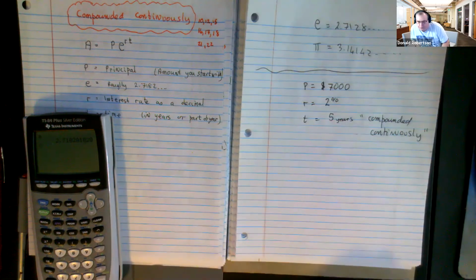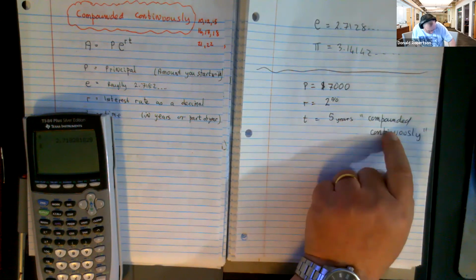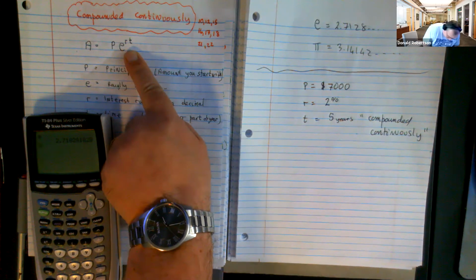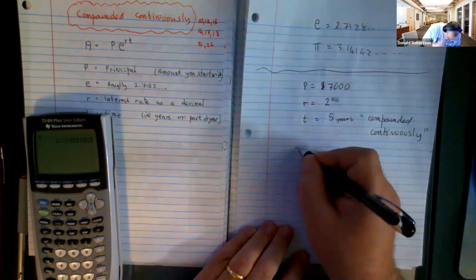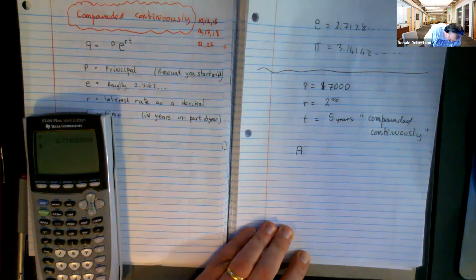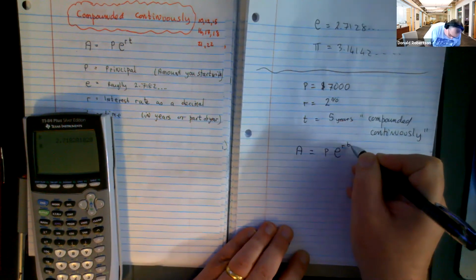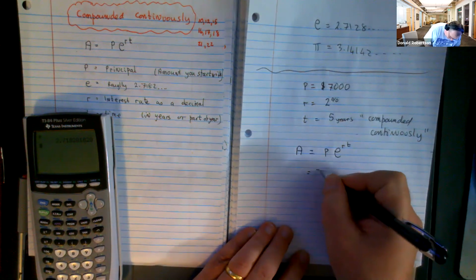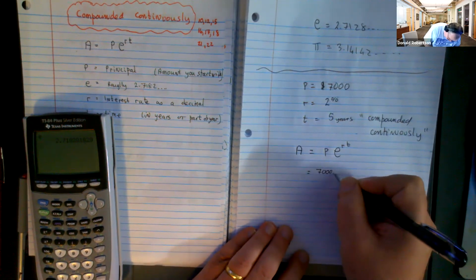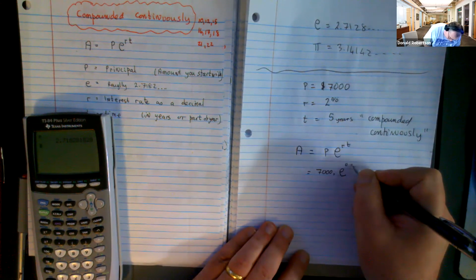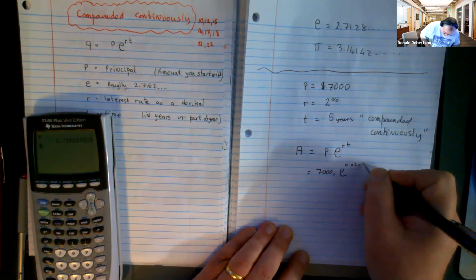So if you ever see compounded continuously, will you remember that this is the formula that is associated with that question? So A, the amount you're going to have, is P E to the RT. So that's going to be 7,000 times E to the power of 0.02 times 5.